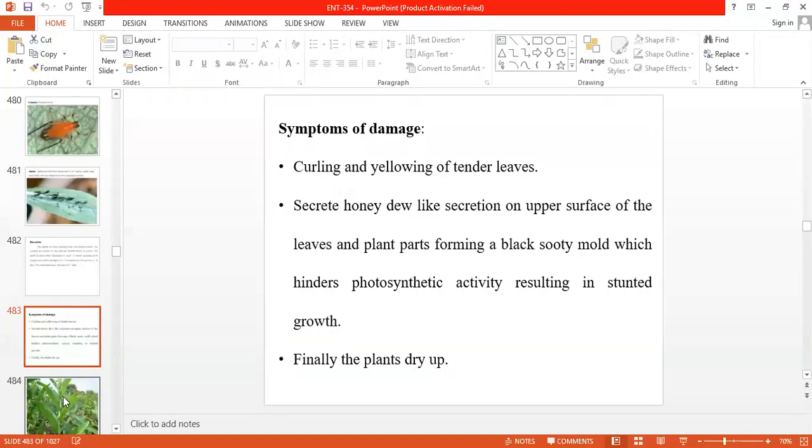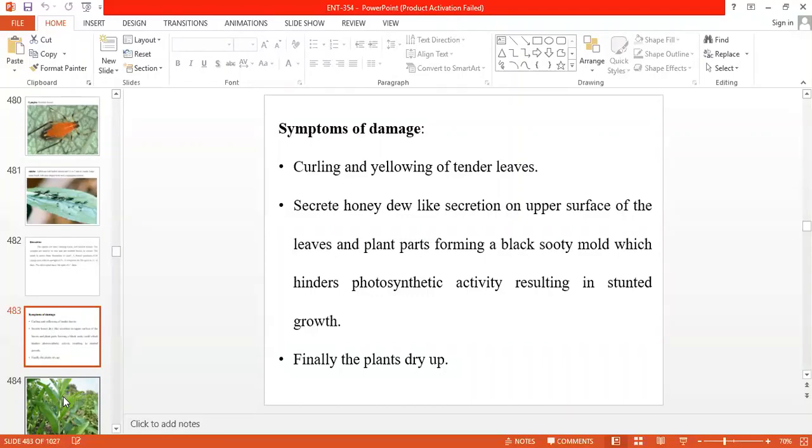And this black sooty mold has an adverse effect on the photosynthetic activity of a plant. As a result of that infestation, plant growth is stunted, and finally the plant dries up. So this type of damage is caused by the aphids.